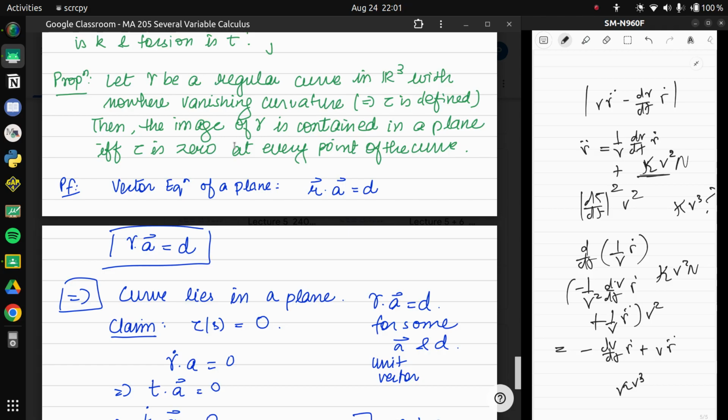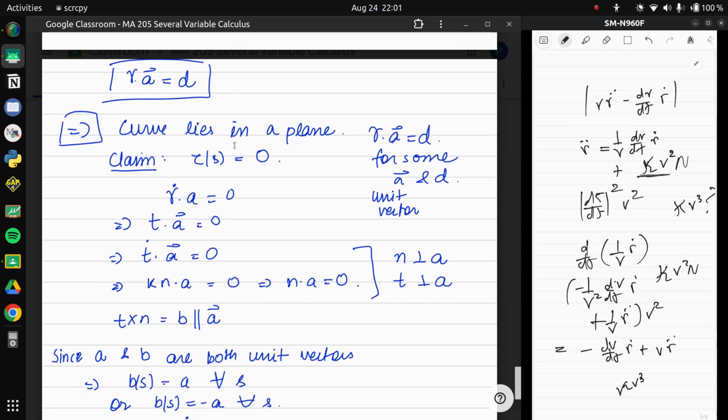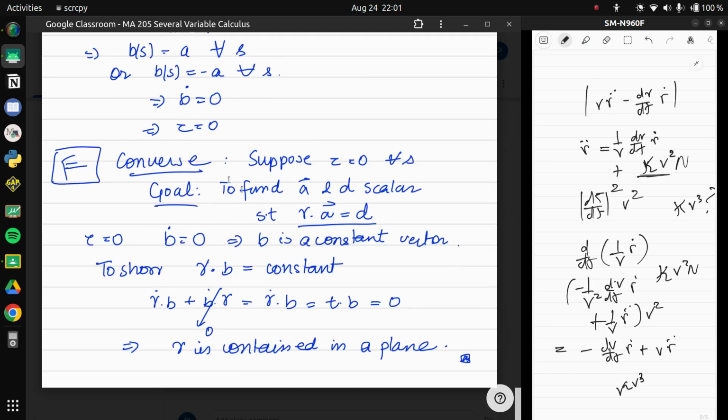If you are moving in a plane, obviously your b is not changing, so that means your tau is 0. So this was pretty easy. If the curve lies in a plane, then your b vector is always going to be perpendicular to that, right? And the converse is: suppose tau is 0.